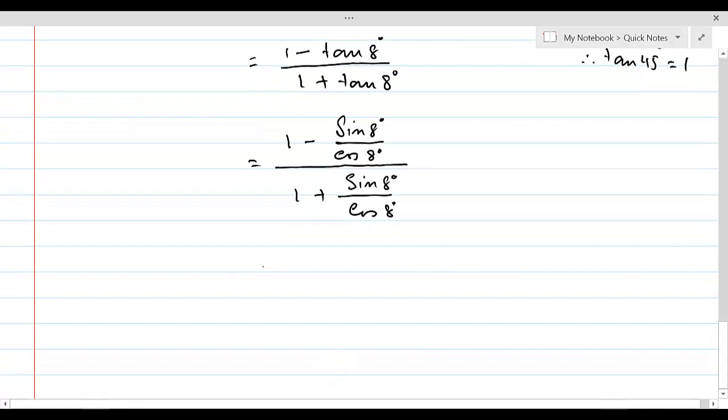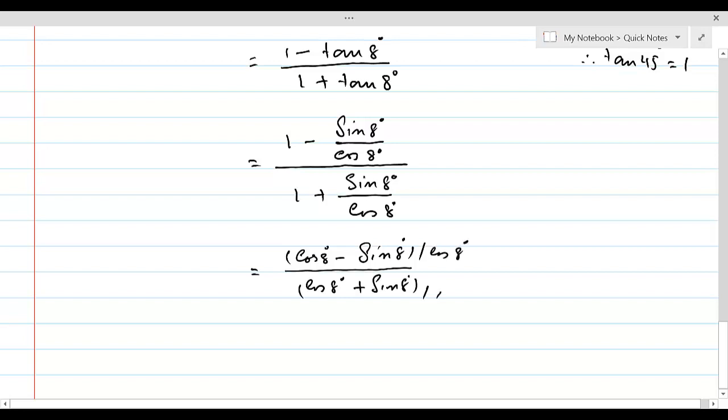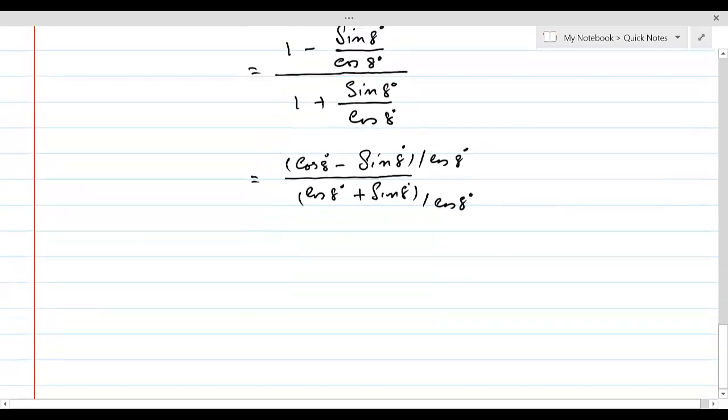If we take the LCM in the numerator and in the denominator, this will be equal to cos of 8 degrees minus sine of 8 degrees over cos of 8 degrees plus sine of 8 degrees, where the numerator and the denominator both have a denominator of cos 8 degrees, which will cancel out with each other.